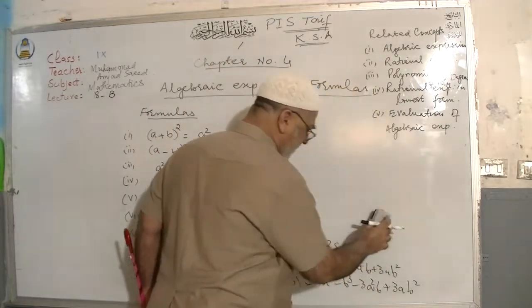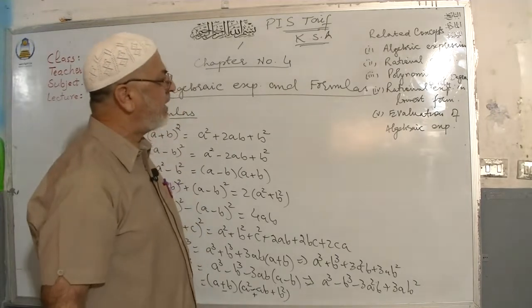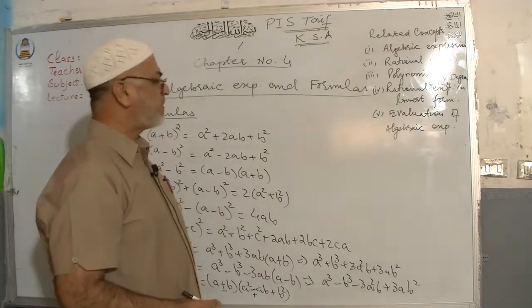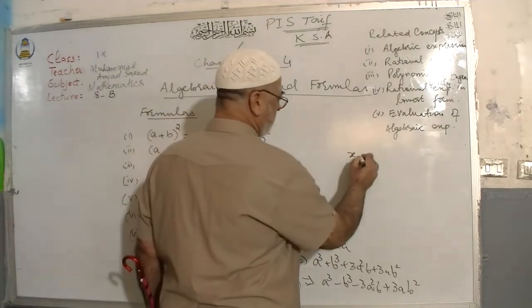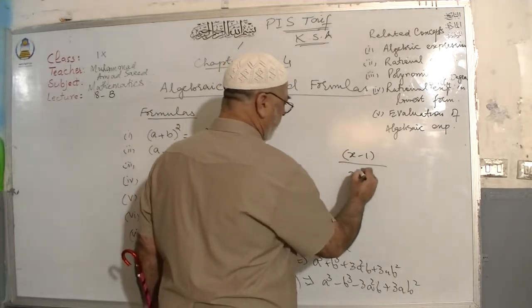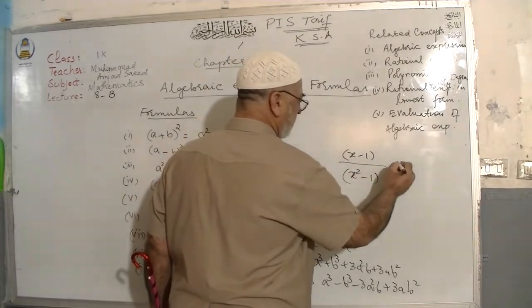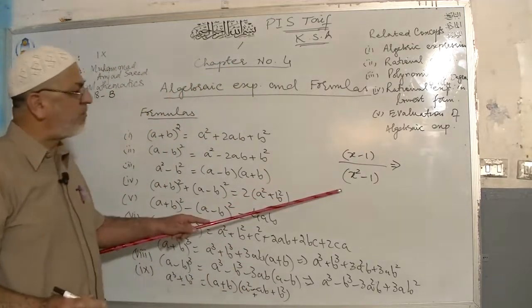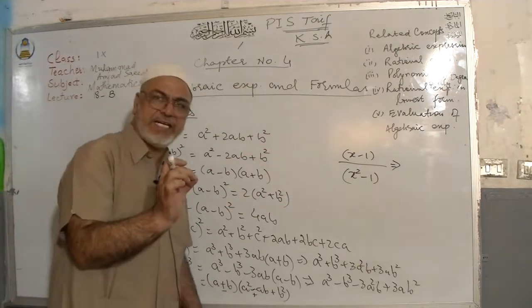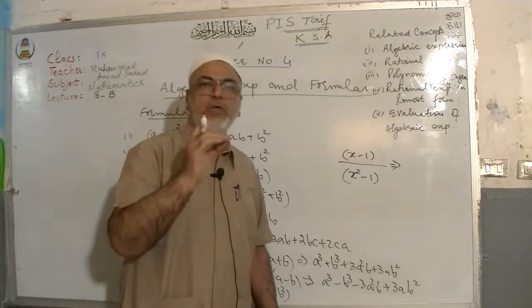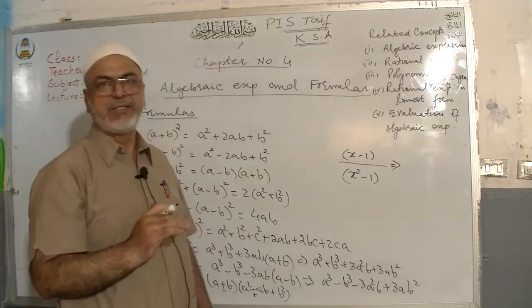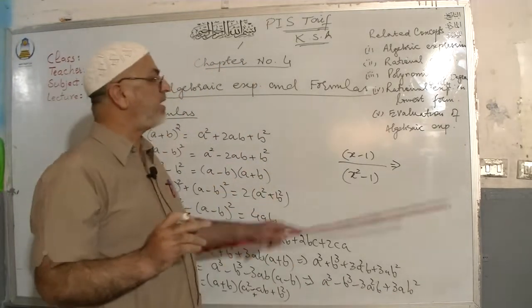Rational expression in lowest form means that whenever you write down the expression, suppose (x minus 1) over (x square minus 1), first of all, you simplify, and after cancellation, when you cannot cancel further, then it will be in the lowest form.